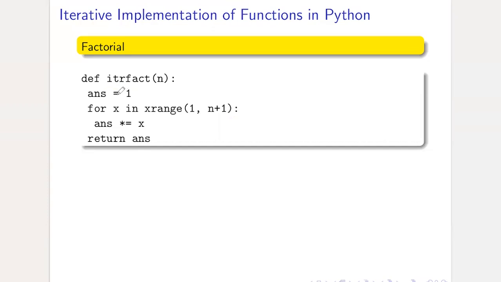So we have a temporary variable and we give it the value 1, and then I do a repeated computation going from 1 to n plus 1, and compute the answer with repeated multiplication. As you know, this is how you normally compute factorial. Factorial of n is 1 times 2 times 3 times 4, the multiplication up to the n value.